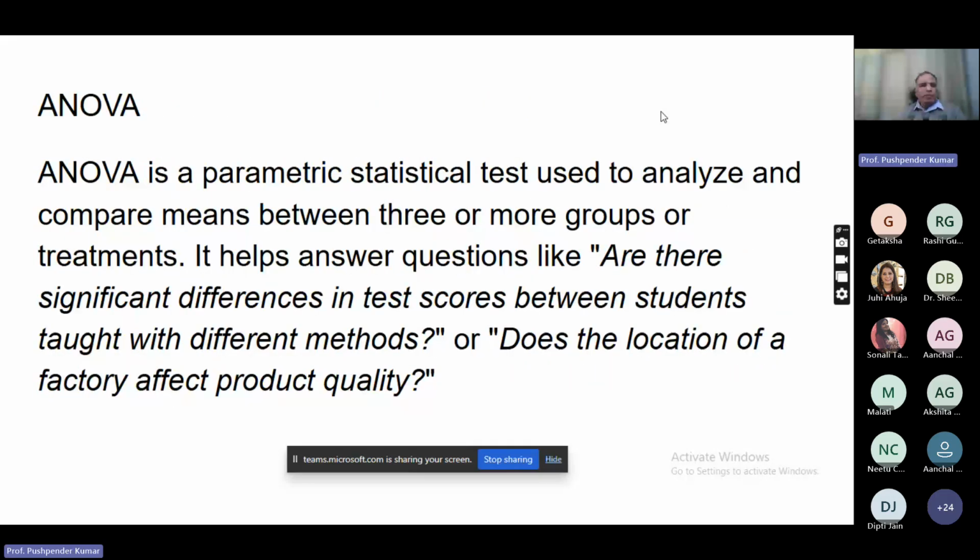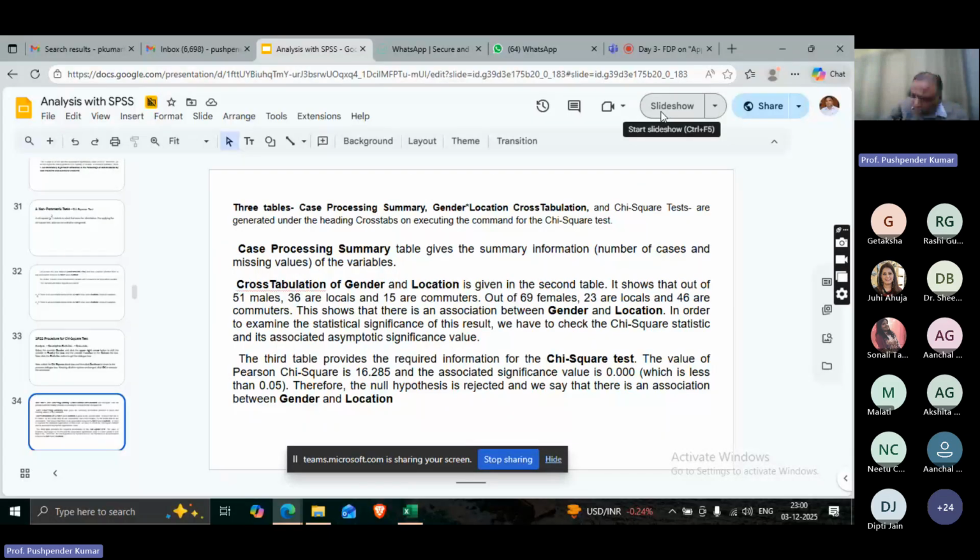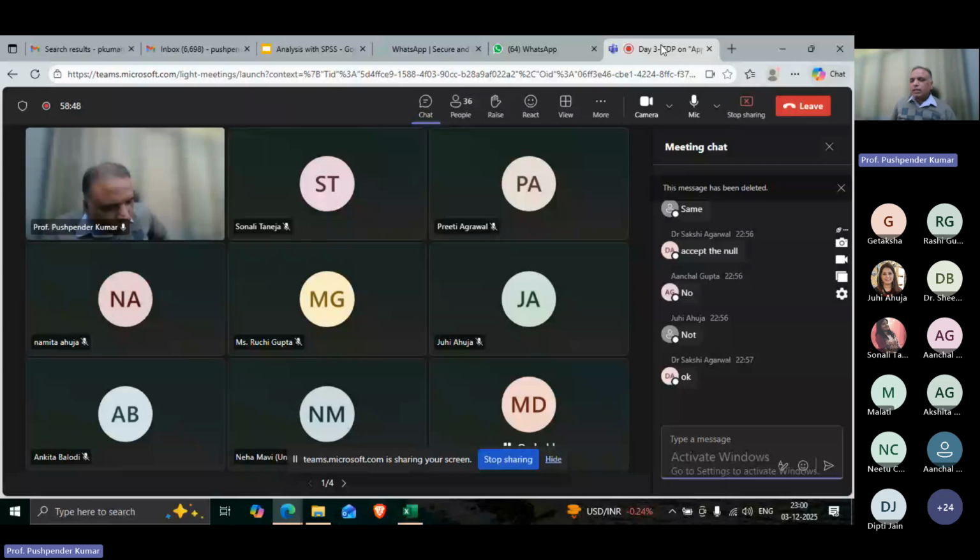We are just refreshing the concept. If you have any doubt, let me come to you. We have covered the t-test: what is the purpose, what is the assumption, what is the concept. And I have shown you chi-square also. Any question you have in your mind?